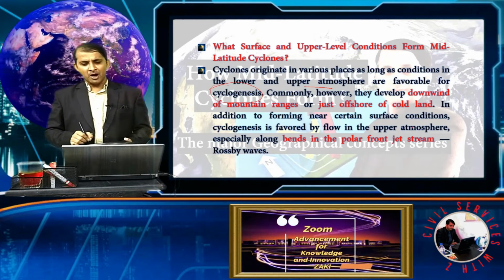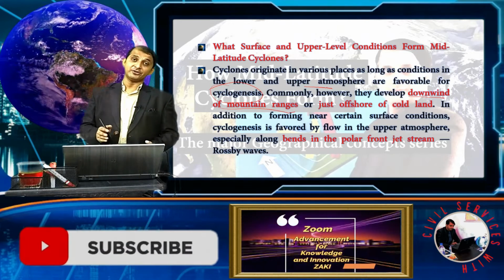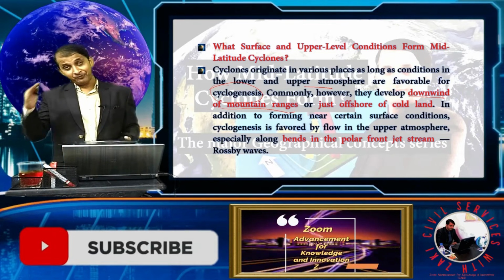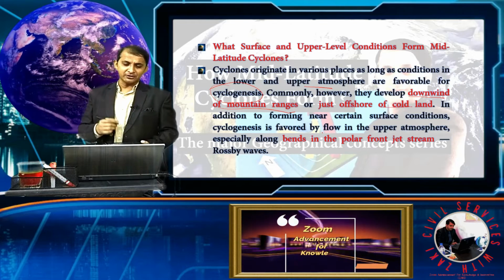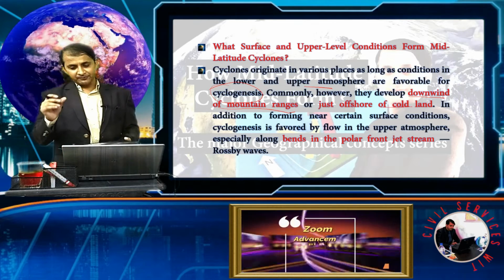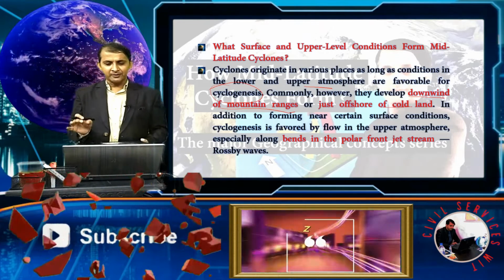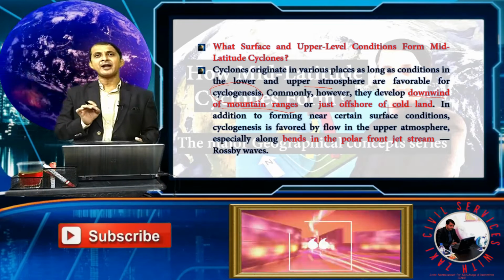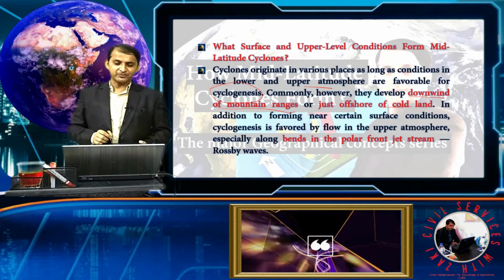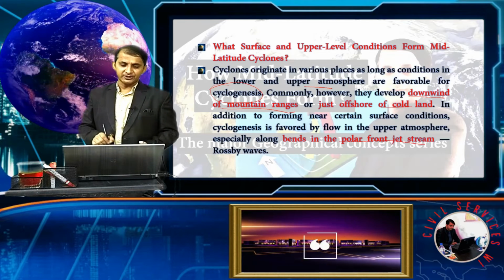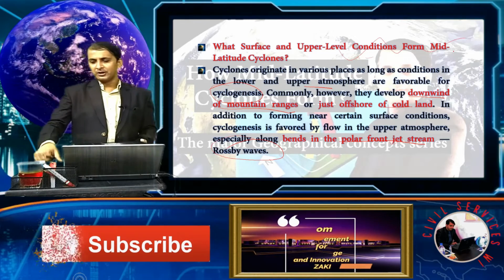Commonly they develop downwind of a mountain range, or just offshore of cold land, in addition to forming near certain surface conditions. Cyclogenesis is also favored by the flow in the upper atmosphere, especially bends of the polar front jet stream, which are called Rossby waves.